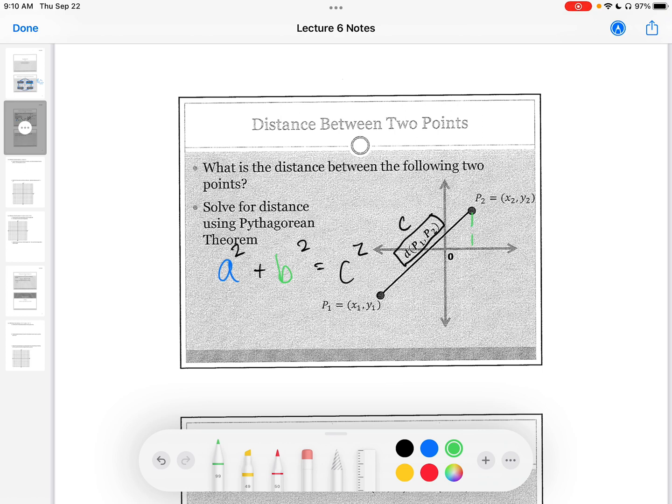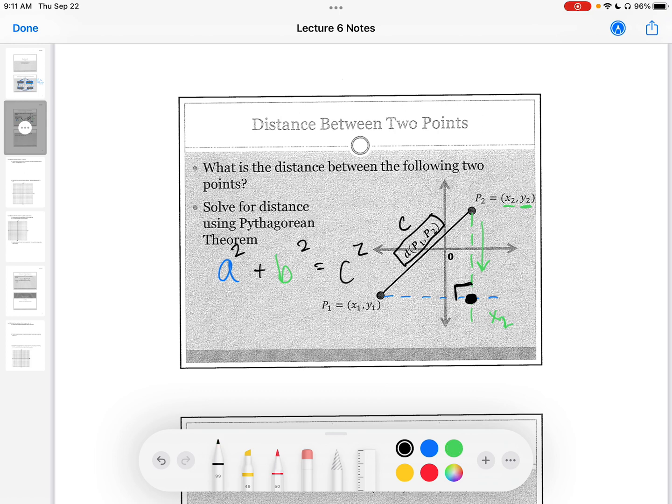To create that right triangle, I can drop myself down and I can go straight across. Now I have created a right triangle where my c is going to be that distance. So this point down here, I need to figure out what it is. Well, I started up here at this point, x sub 2, y sub 2, and then I moved straight down, so my x sub 2 is going to be the same.